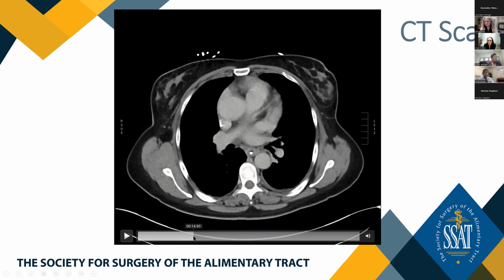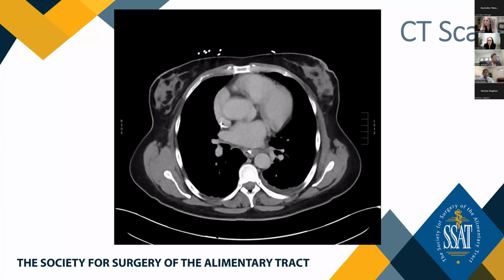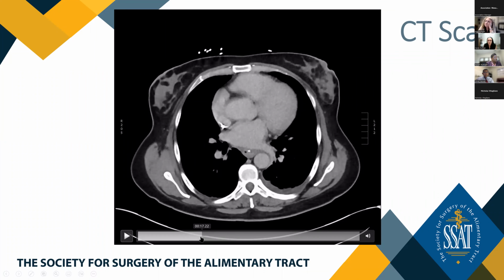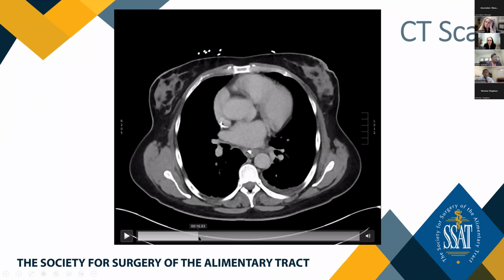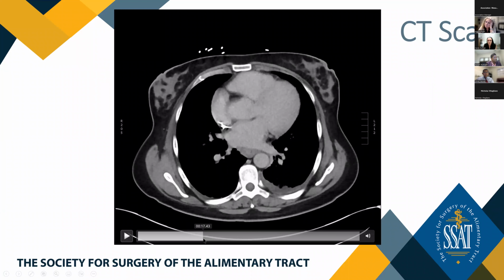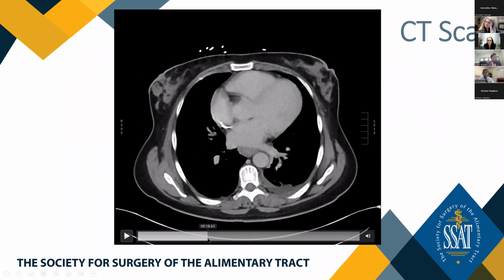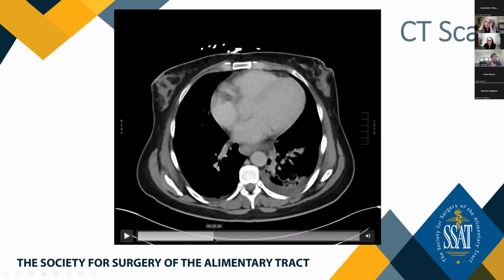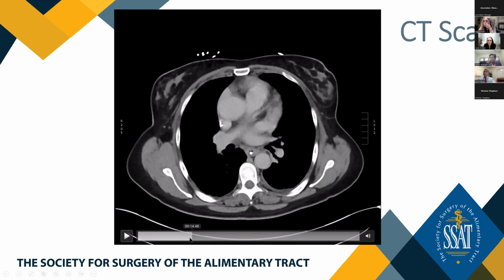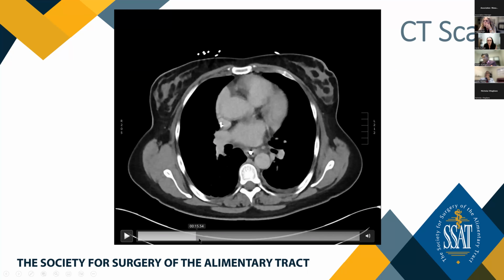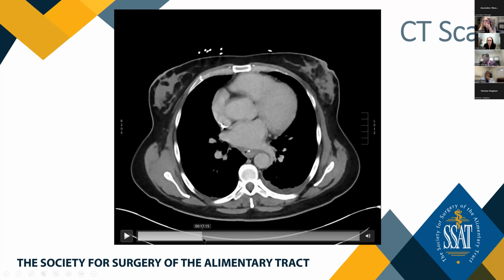The hyperdense object in the esophagus. And so what do you think that is? Those were the metallic clips that they placed at the time of initial dilation. So that's our area of concern, or at least adjacent to it.